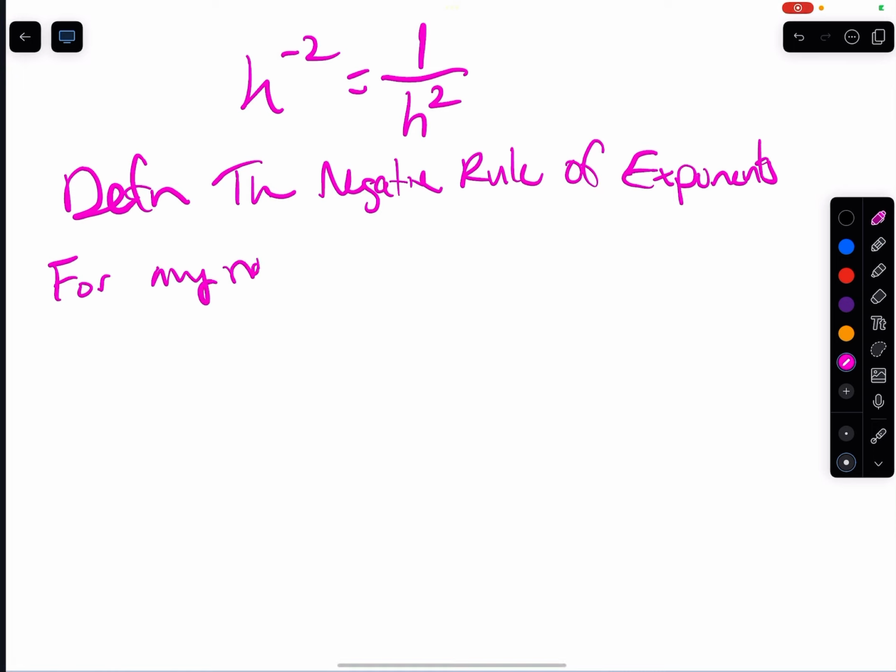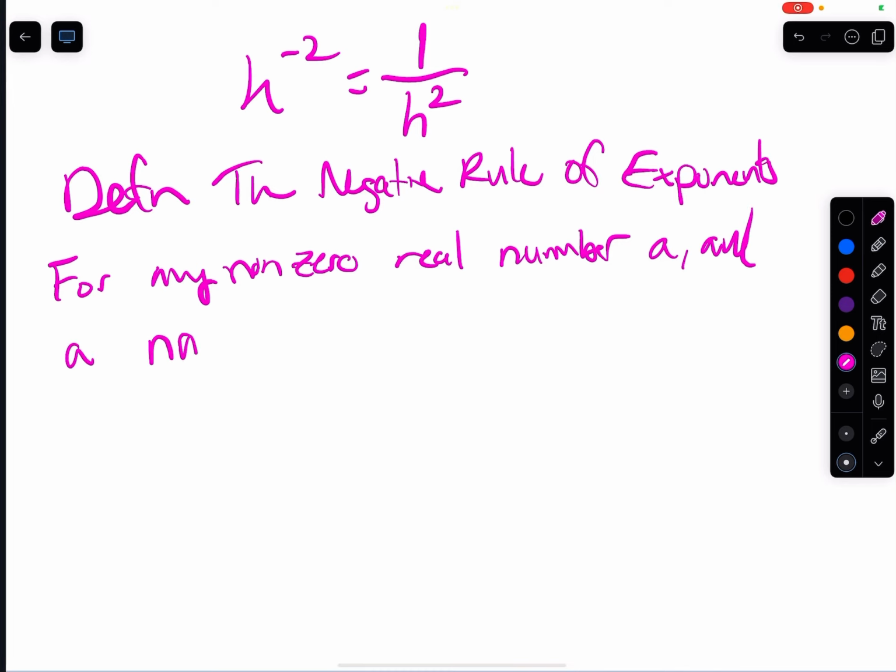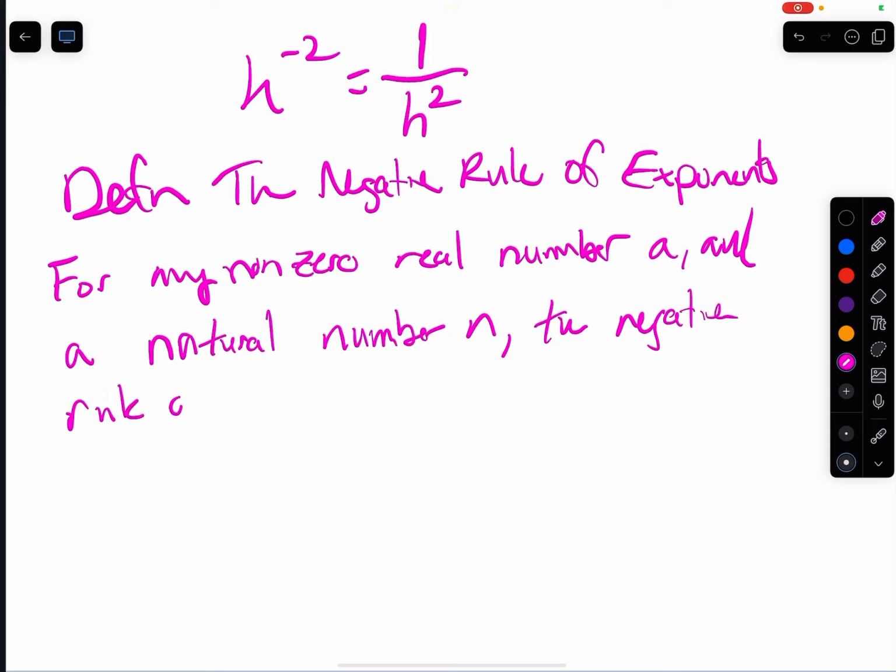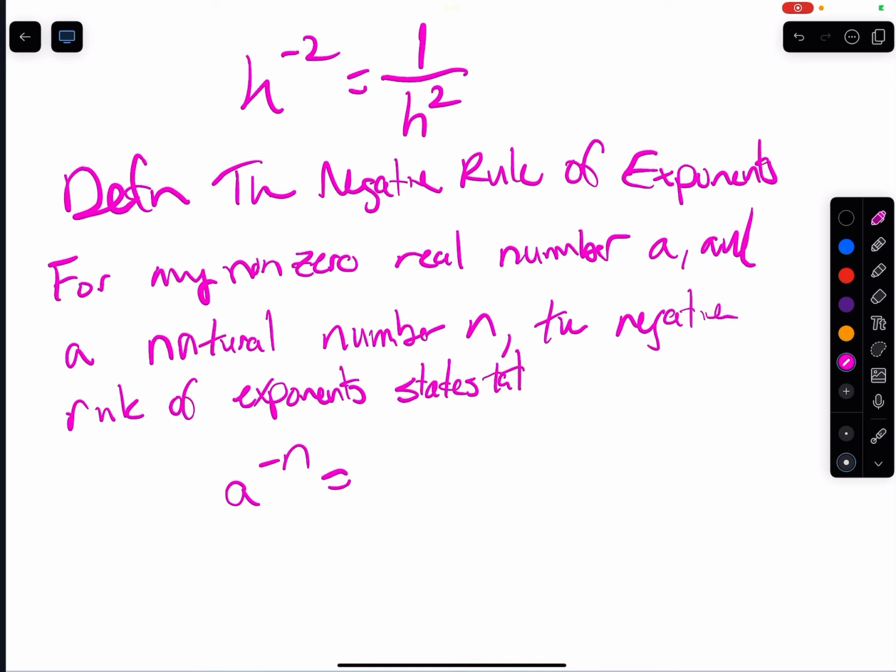For any non-zero real number a, and a natural number n, the negative rule of exponents states that a raised to the negative n power is the same as 1 over a to the n power. You get the reciprocal.